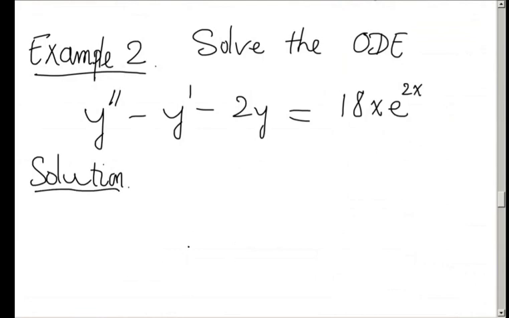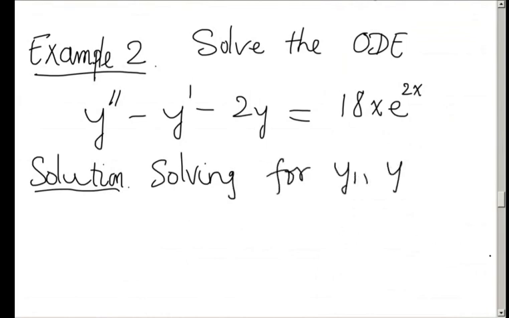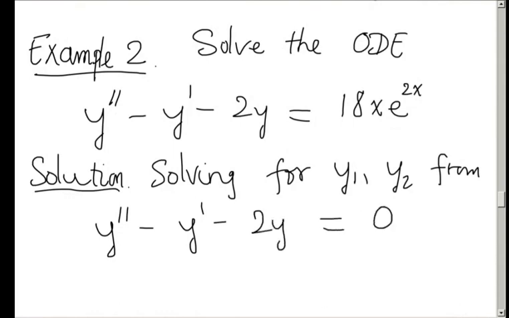As before, we begin by solving for y1, y2 from the homogeneous equation y double prime minus y prime minus 2y equals 0.